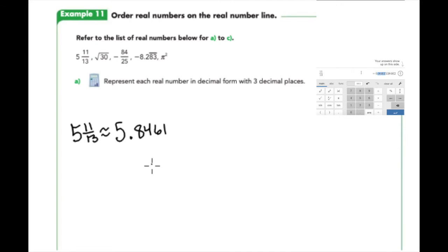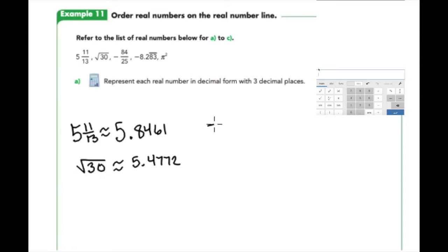So I'm going to write down 5 and 8461 for 5 and 11/13. Now we're going to look at the square root of 30. I would use my square root box, type in 30, and we're going to use 5.4772. That would be our 4th decimal place.